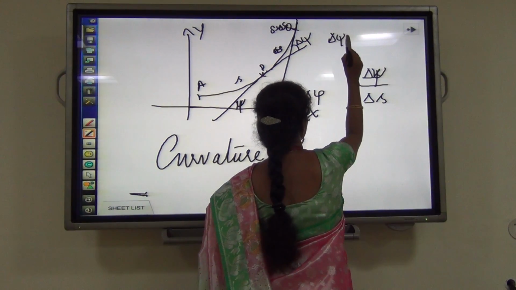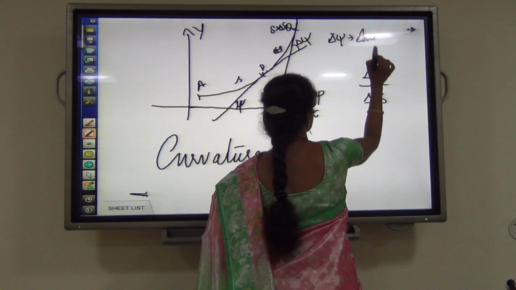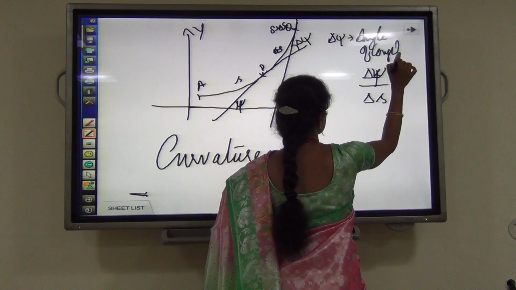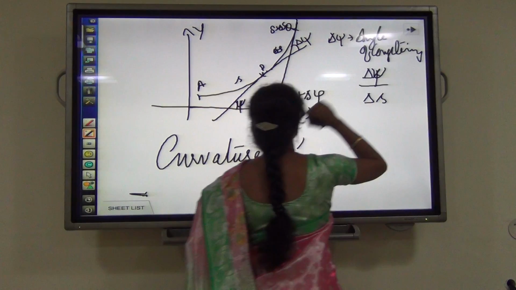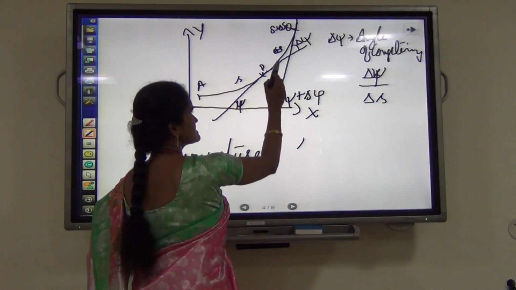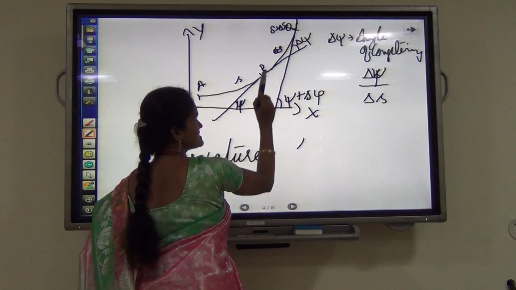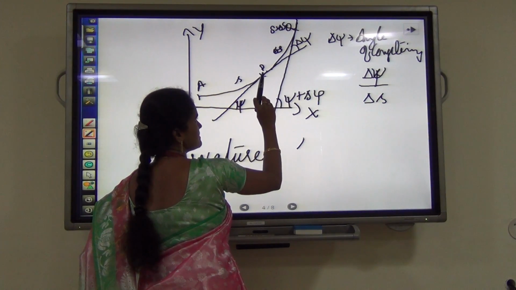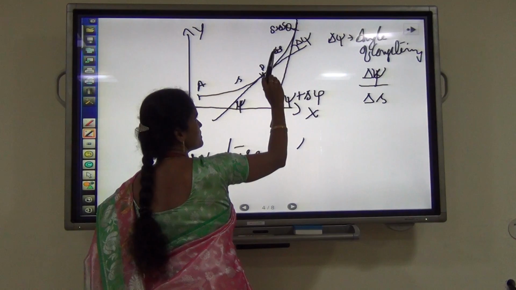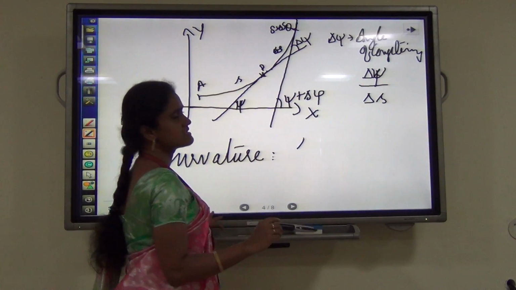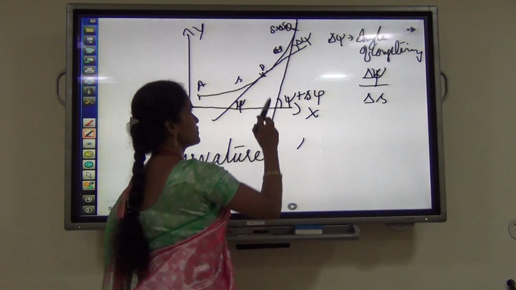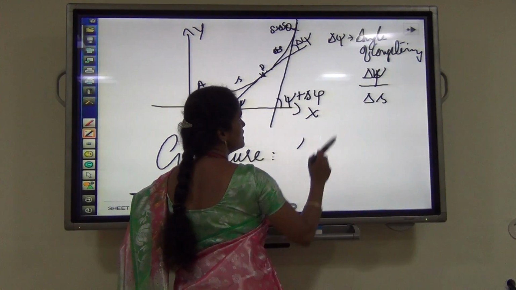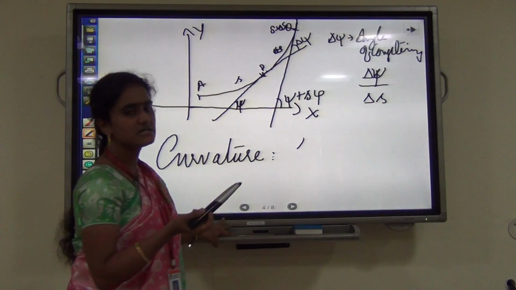It is the angle of contingency, that is, the angle between the two tangents, as the point at P moves to Q. So in terms of the angle and the arc distance, if you measure, you can get the curvature.